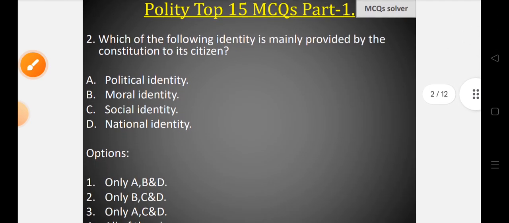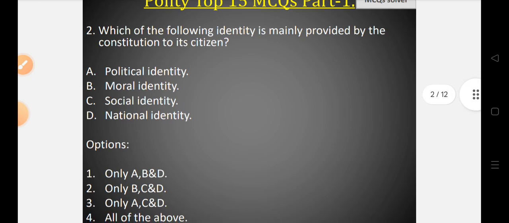Now let's look into question number 2. Which of the following identity is mainly provided by the Constitution to its citizen? Options are option A, political identity, option B, moral identity, option C, social identity, option D, national identity.